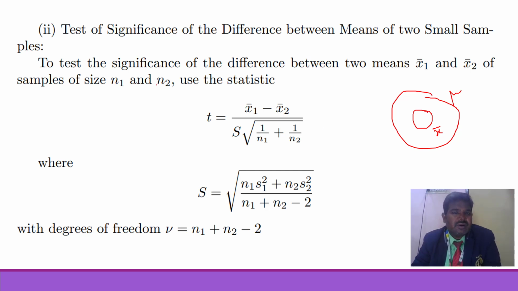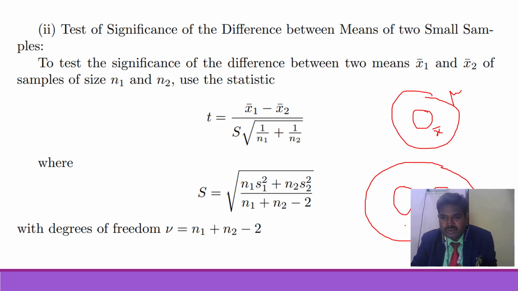Now in the next class we will see the test of significance of difference between means of two small samples. That is, we have a population given, and we consider two small samples. For the first one we use x1 bar as sample mean, for the second x2 bar.